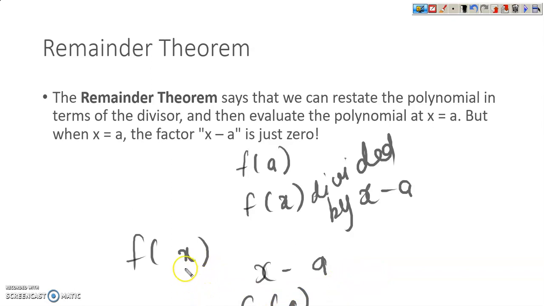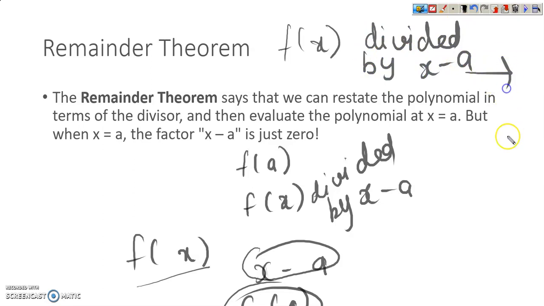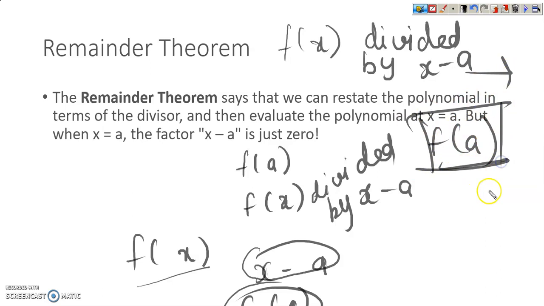If the polynomial f(x) is divided by a linear binomial x minus a, then the remainder will be f(a). So you can say that if this polynomial is divided by x minus a, it will give the remainder f(a).